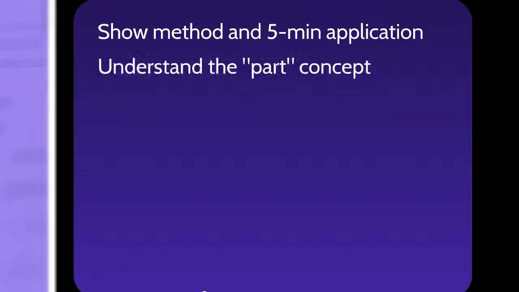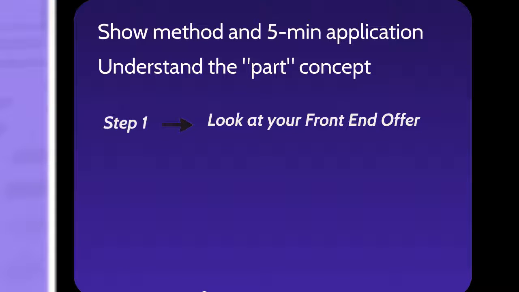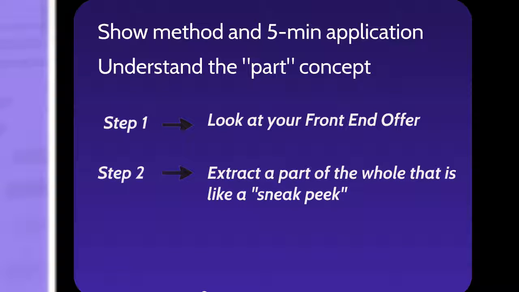All right. So once you understand the part concept, basically what you're trying to do is look at the front end offer. So look at your front end offer, product or service, software, whatever you're trying to sell. And what we want to do is take a piece or part of the whole, kind of like a sneak peek.